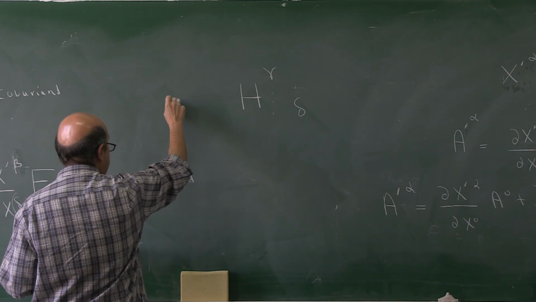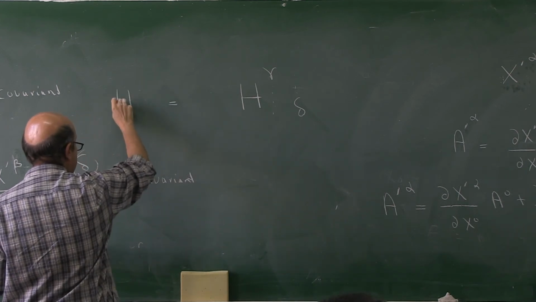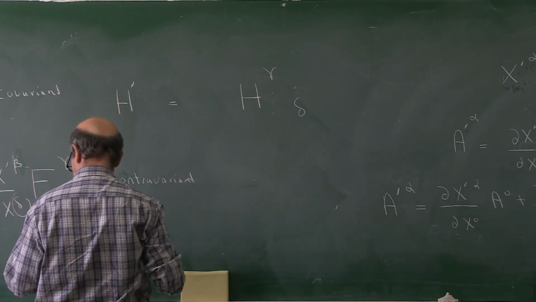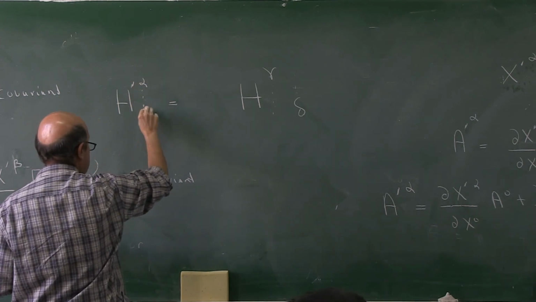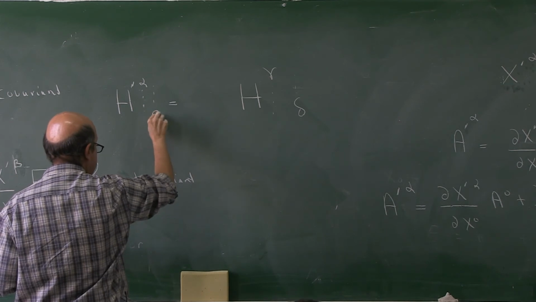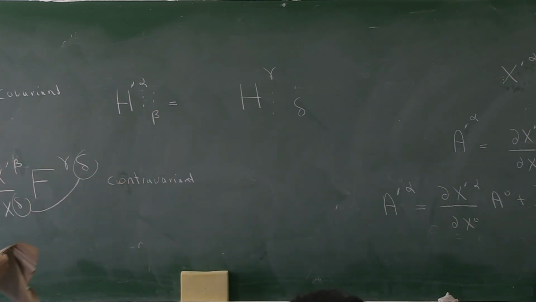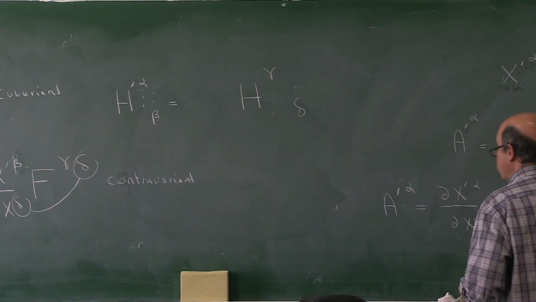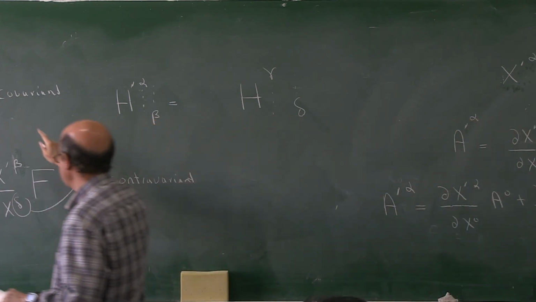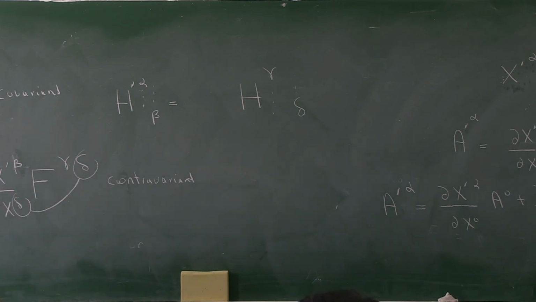And H' should be what? Some index alpha up and here beta down. So upper will be transformed as contravariant, lower will be transformed as covariant.